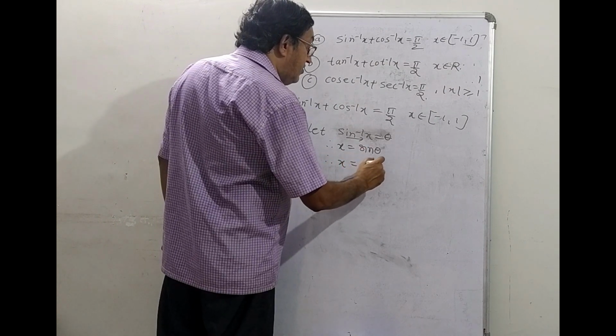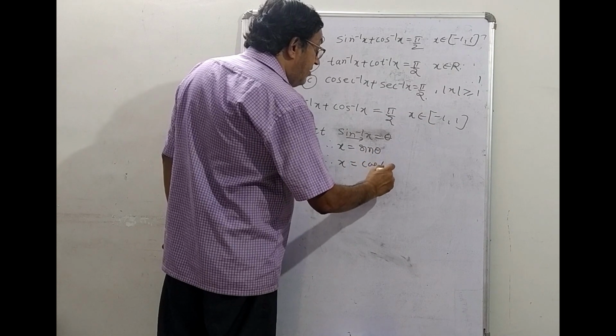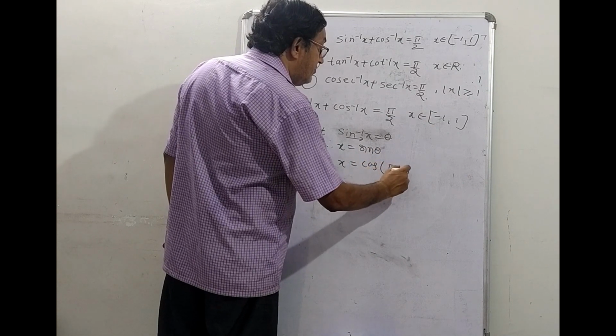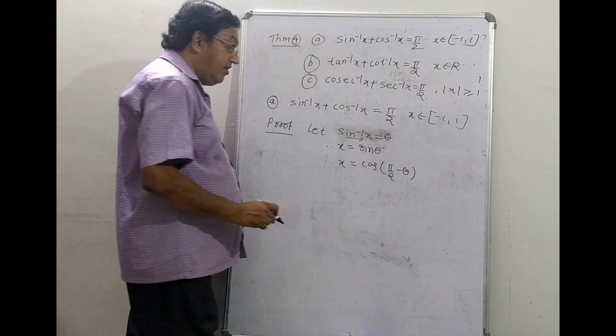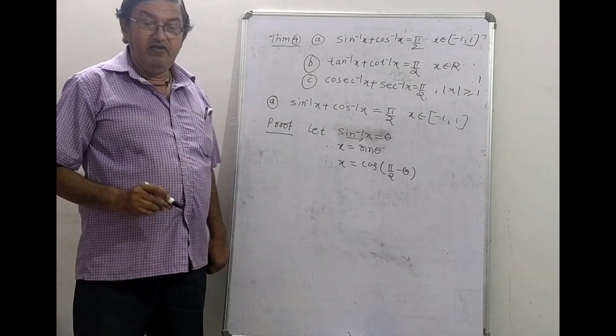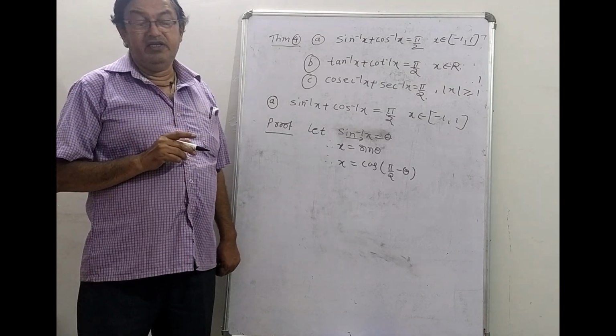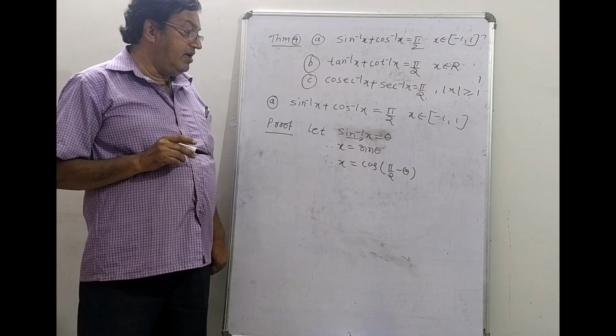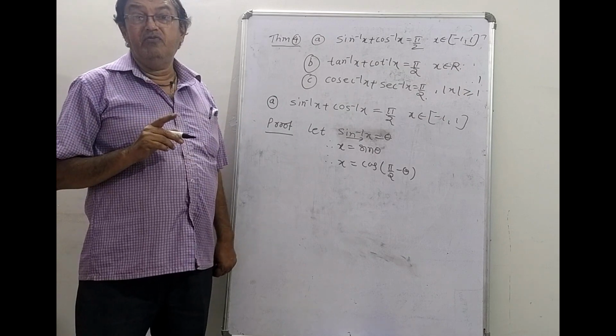We can take 90 as pi by 2. So instead of writing cos of 90 minus theta, I will write cos of pi by 2 minus theta. So the sin theta I will replace by cos of pi by 2 minus theta.